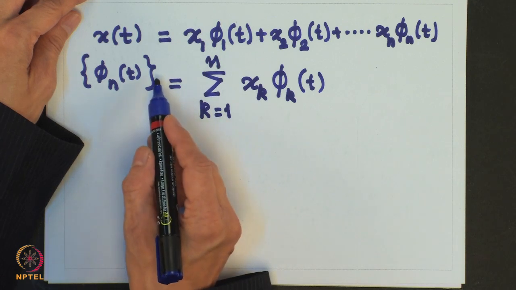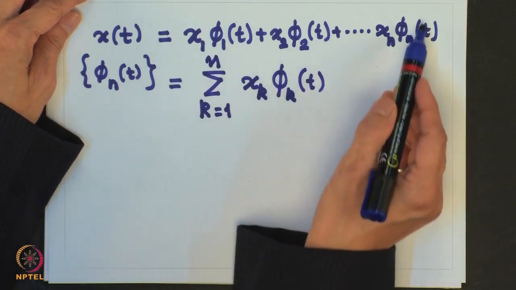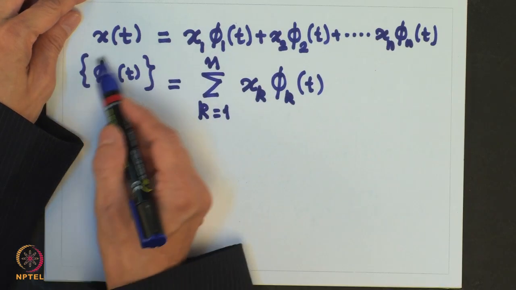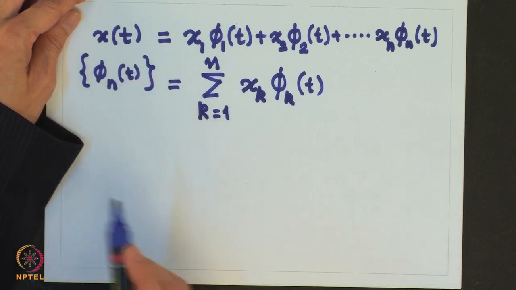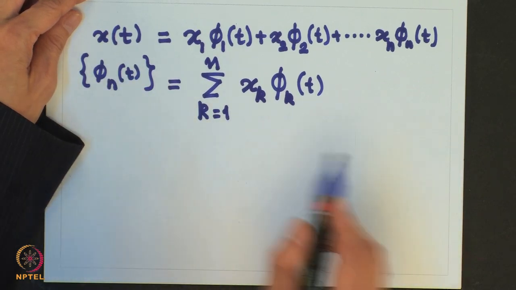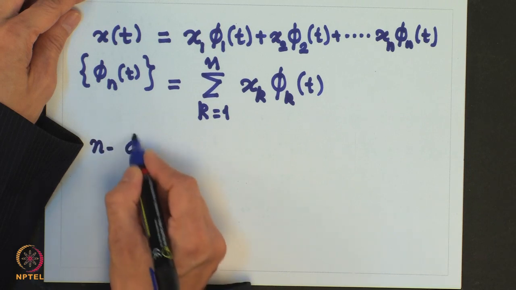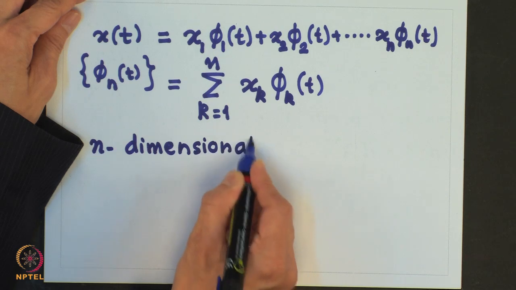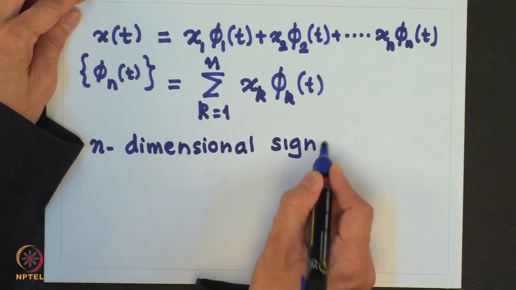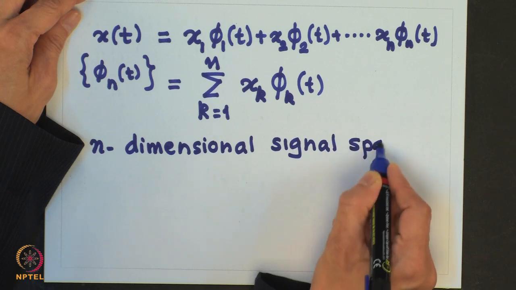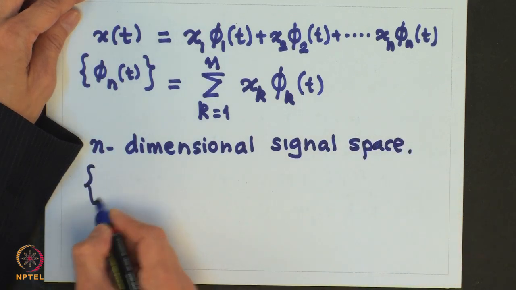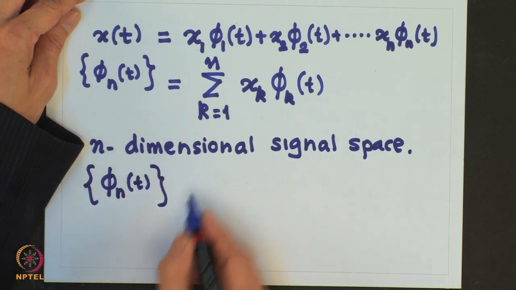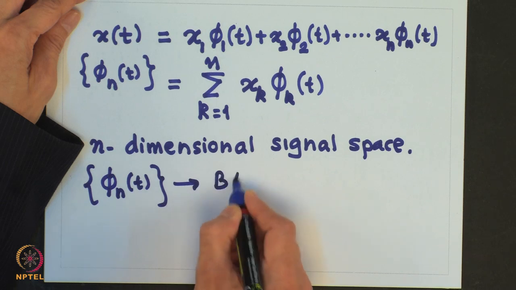Now, if every signal in a certain signal space can be represented by a linear combination of the independent signals given by this set phi n(t), then we have what is known as an n dimensional signal space. And this set phi n(t) is known as the basis signals.